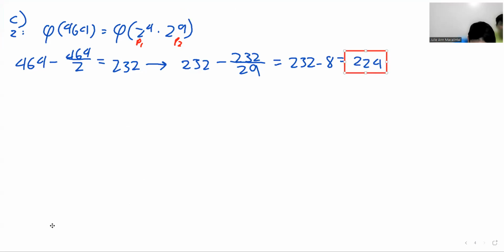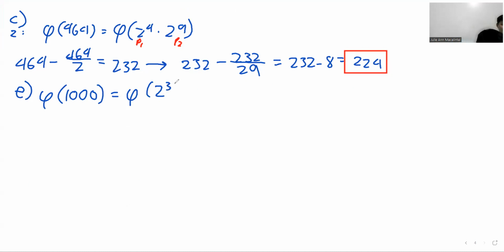Letter E. So now, the totient function of 1000. Letter E, you can expand into 1 million and it would look scary, but it actually is much easier than the others. It just looks big. It's a power of 10, right? So again, break it down into its prime factorization and use the prime factors.